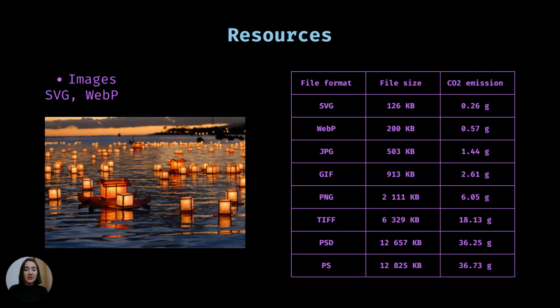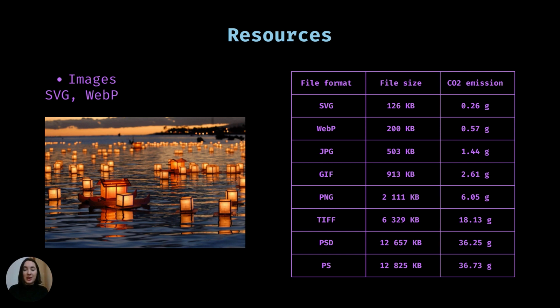And here you can see an exemplary image and its corresponding file formats, file sizes and CO2 emissions. So for example, in case of SVG, the file size is almost 130 kilobytes and the CO2 emissions are almost 0.3 grams. And if you would then compare it with, let's say, PNG, then you could already see that the file size is huge.